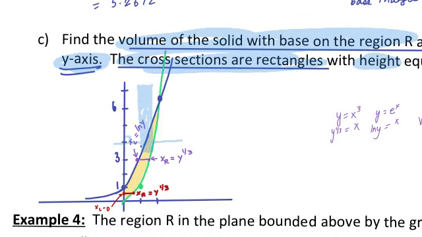So if we're looking to write an equation for the base of this rectangle, then we need an equation for this distance right here, okay? Now, if you look at this picture, you can see that things change at y is equal to 1, right? Here's y is equal to 1.